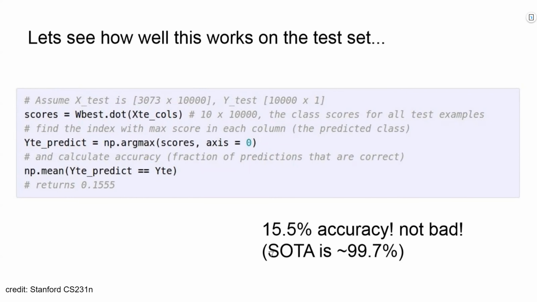When we actually check how well this approach is doing, it achieves 15.5% accuracy when we are dealing with the CIFAR 10 dataset. However, the state-of-the-art performance is approximately 100%. So compared to SOTA performance, it's far below.